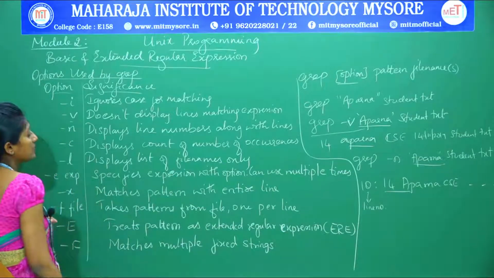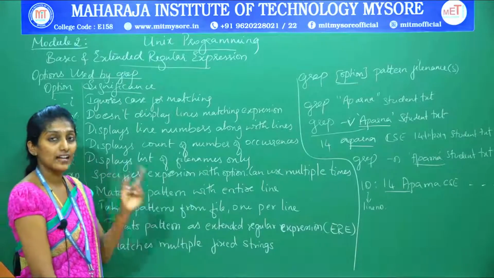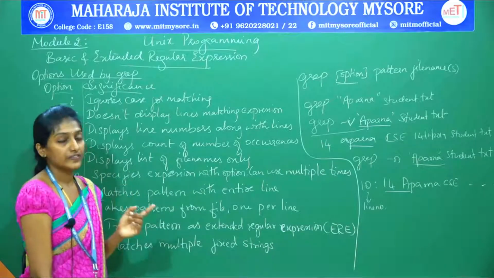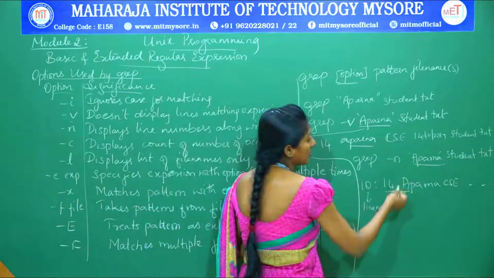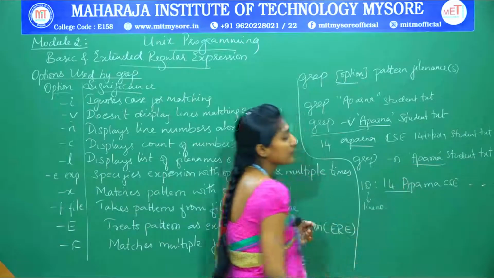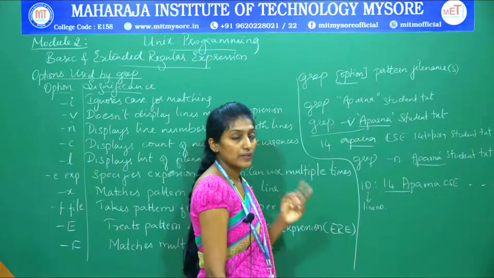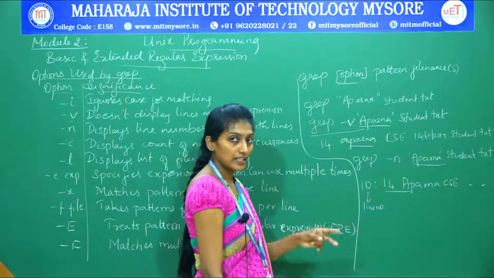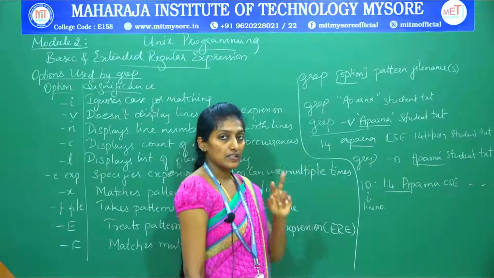Next, what does this -c do? -c displays the count of the number of occurrences of that pattern in the file I have specified. Assume that I have a file student.txt and the pattern Aparna has occurred twice in that file. Okay, the Aparna name has occurred twice.